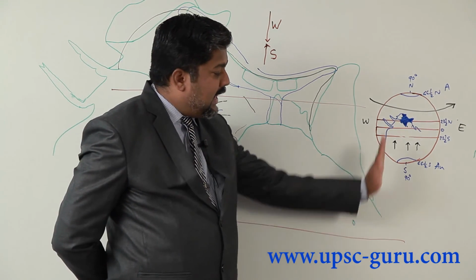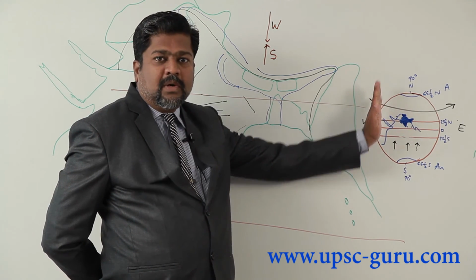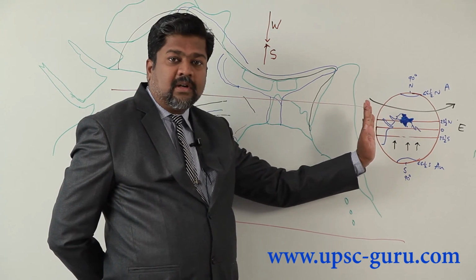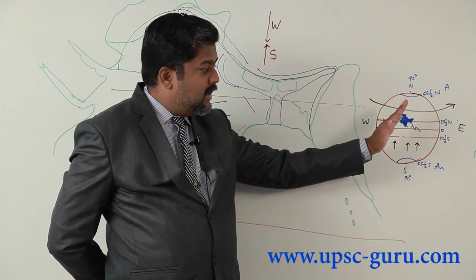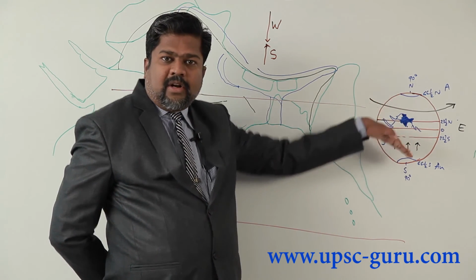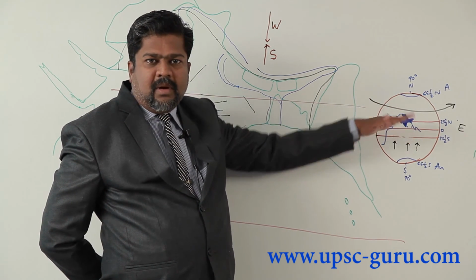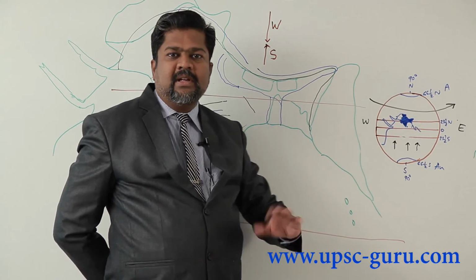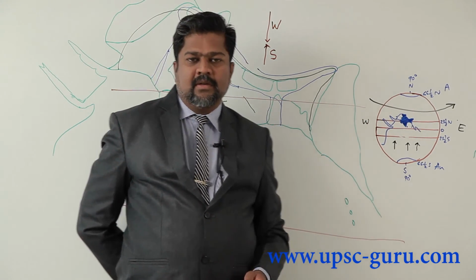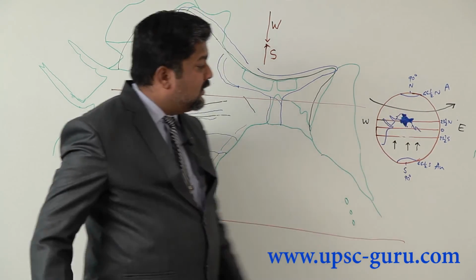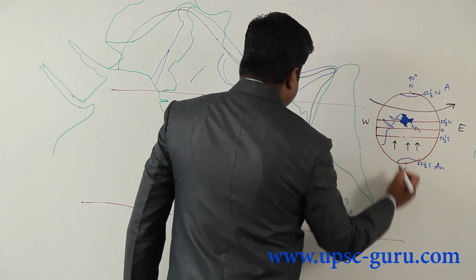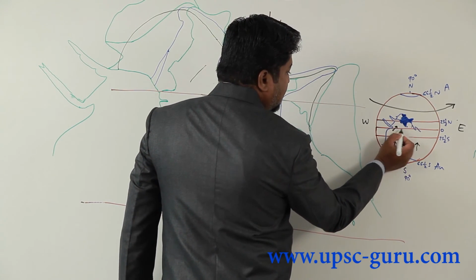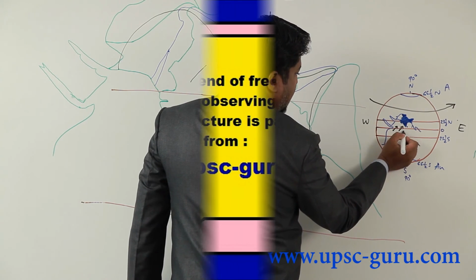Actually their direction is northward, but while crossing the equator, their angle changes. They do not become exactly perpendicular. Something like what we call an off spin in cricket. So like that, they make an off spin here, change their direction, and become this way.